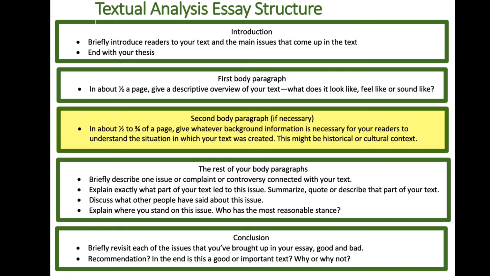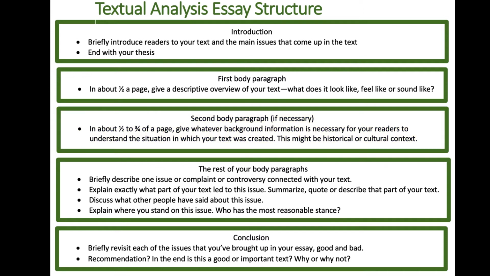If you are looking at a text that depicts some specific location, then if you're doing the interview, the movie that talks about North Korea, you're going to need to give us some information about North Korea. That's necessary historical context. So there are those kinds of questions. That's the second body paragraph.